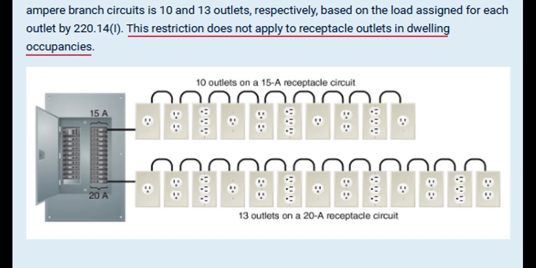Straight from the power wheel, 20 times 120 volts is 2,400 watts. If you take the 180 VA factor, 2,400 divided by 180 VA gives you 13.3 receptacles per circuit. You round off that .3, so that means you can put 13 receptacles on a 20 amp circuit. That's where that comes from. I was in the trade for a fair amount of time before I really even knew why. Somebody just said, you do this and you're okay.